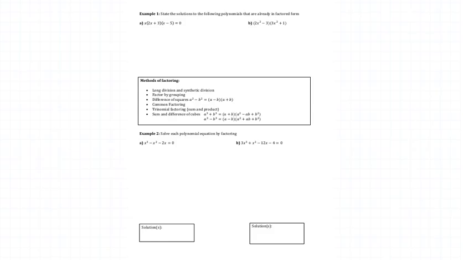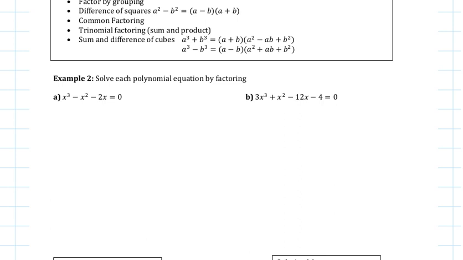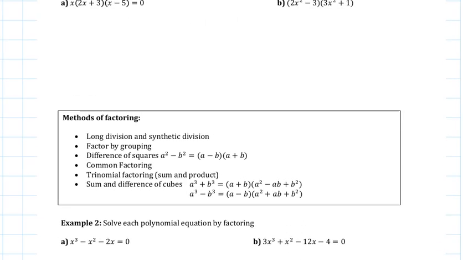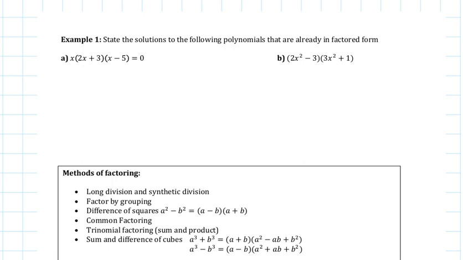So the next question is asking us to state the solutions of the following polynomials that are already in factored form. They want you to find the solution. It's set equal to 0, right? To find the solution, you're going to set each bracket equal to 0. So x is equal to 0.